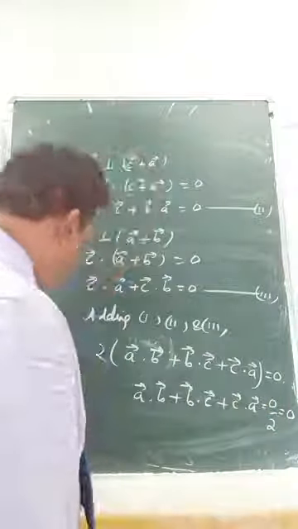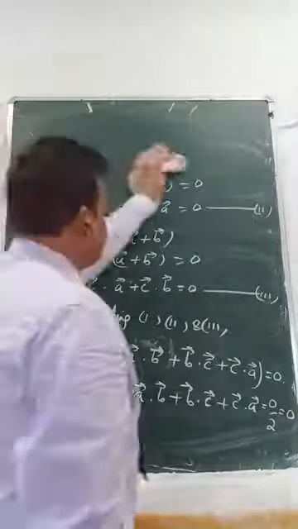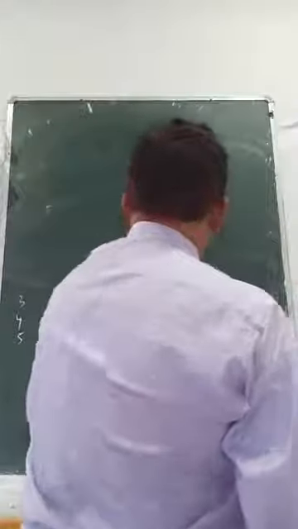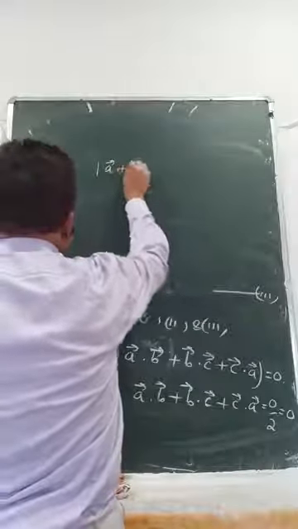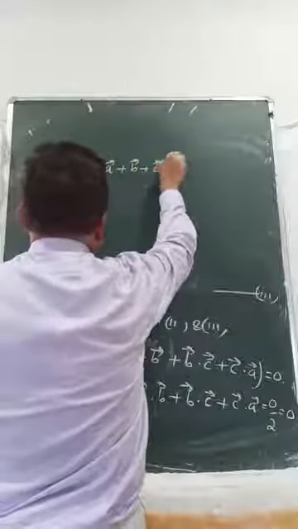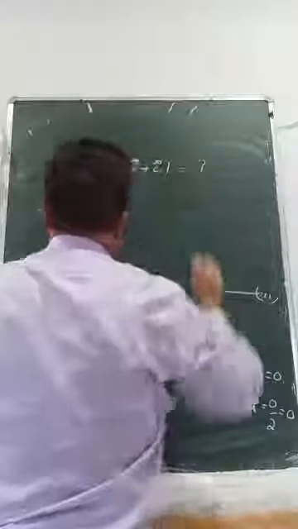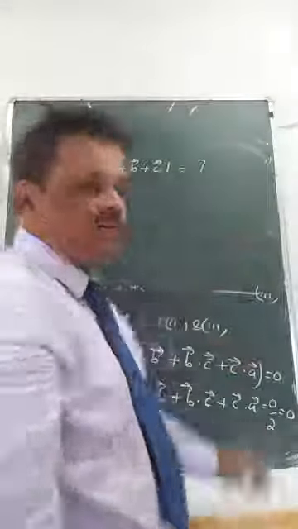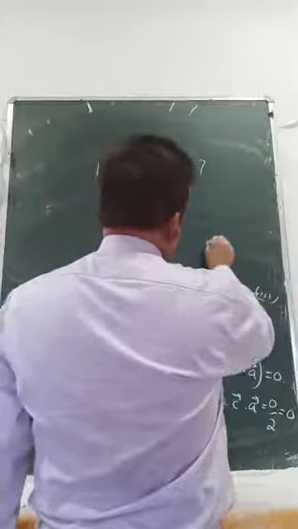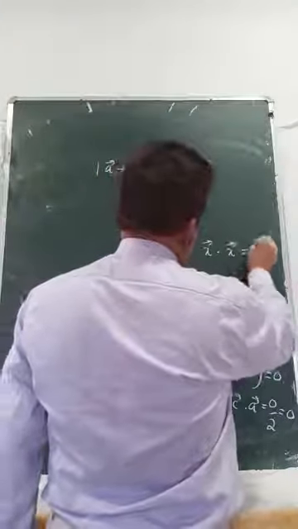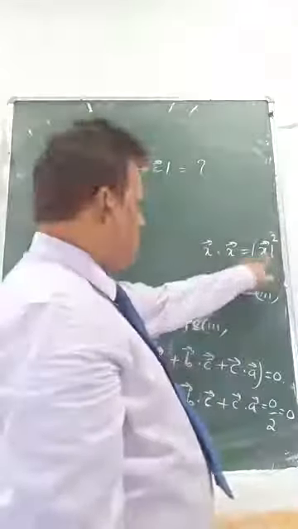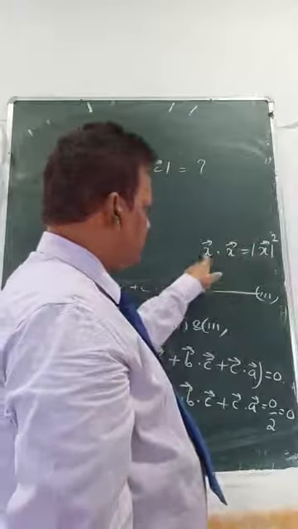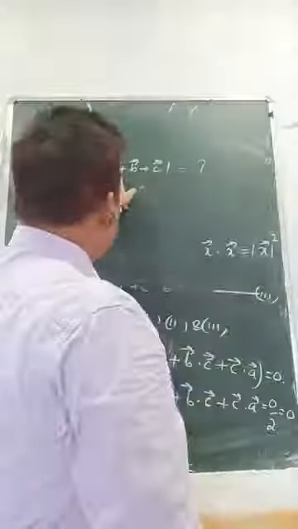Now you are asked to find the modulus of A plus B plus C. I have told you how to convert this modulus into a dot product. Remember, x dot x is mod x square. So to convert this to a dot product, that is the dot product of the same two vectors, it should be squared.